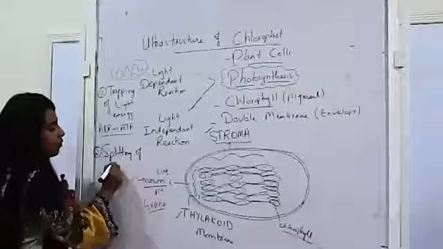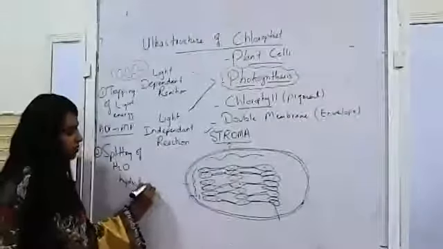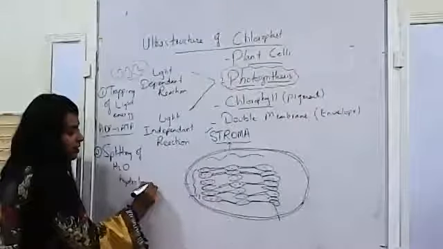So the splitting of water takes place. That's termed hydrolysis of water. Or, sorry, we call it photolysis. Photolysis of water, because this happens in the presence of light. So hence, photolysis of water takes place.